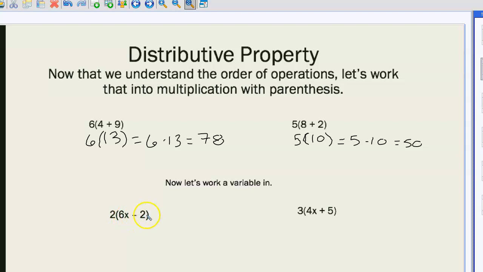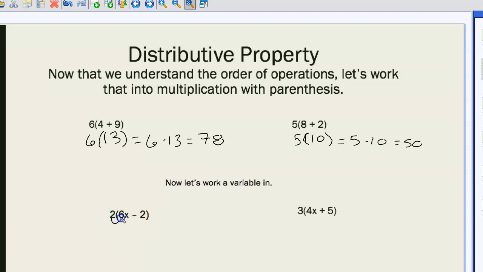If this was 6x and that was 2x, we absolutely could. That would be 6x minus 2x, which would equal 4x. But we don't have a variable, let alone the same variable with both of these. So I can't really combine them. But what I can do is distribute this 2 to both. That is the one thing I can do from here.